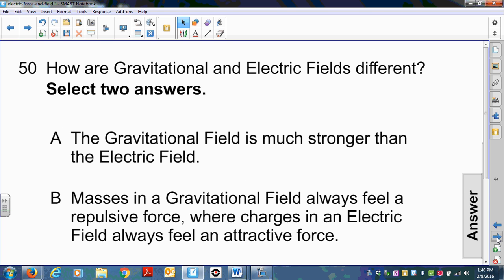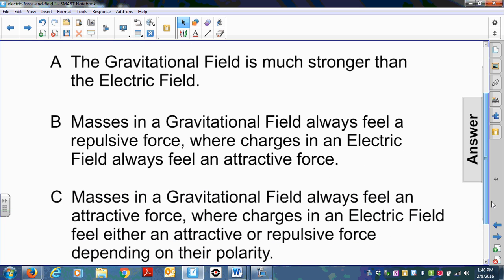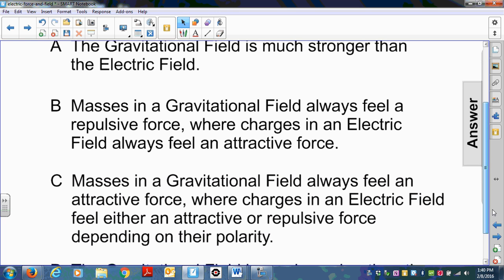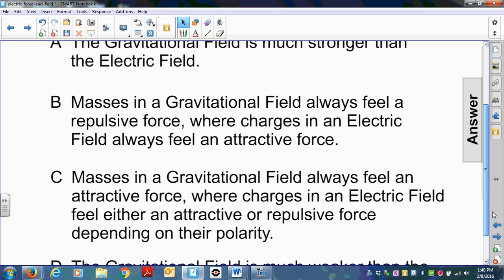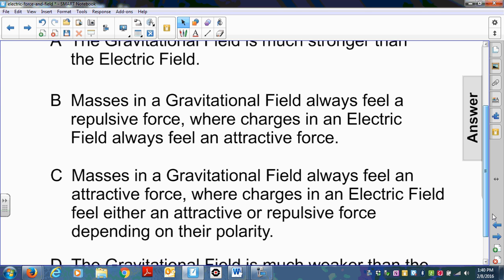How are gravitational and electric fields different? Select two answers. A, the gravitational field is much stronger than the electric field. B, masses in a gravitational field always feel a repulsive force, where charges in an electric field always feel an attractive force.